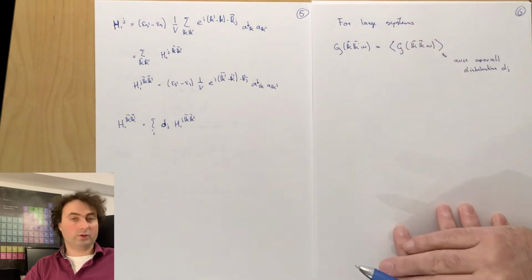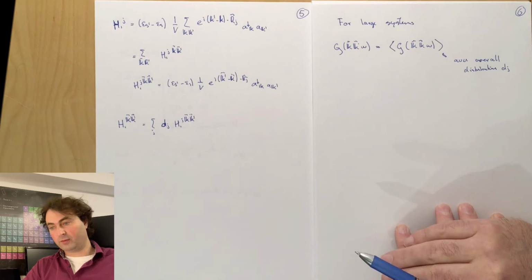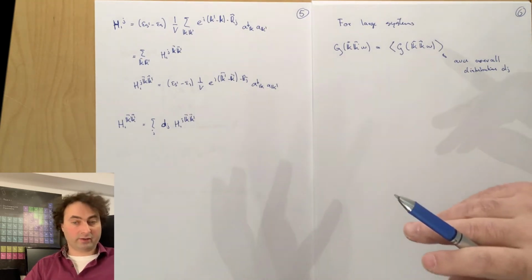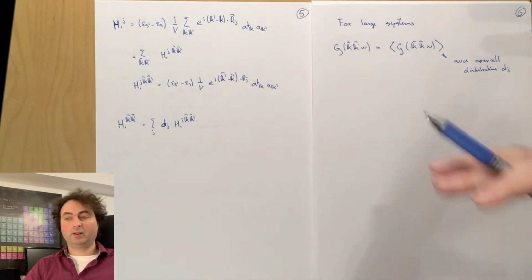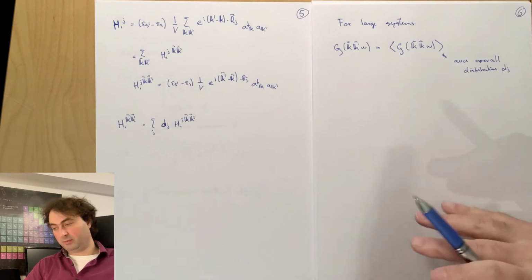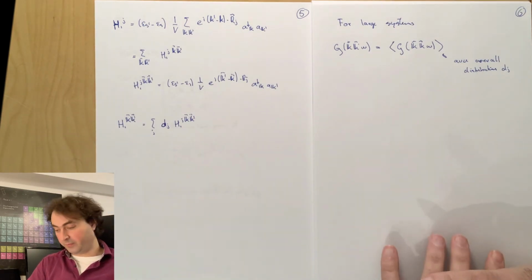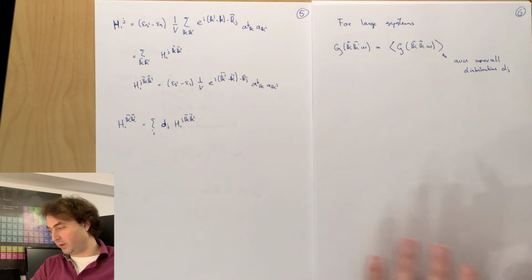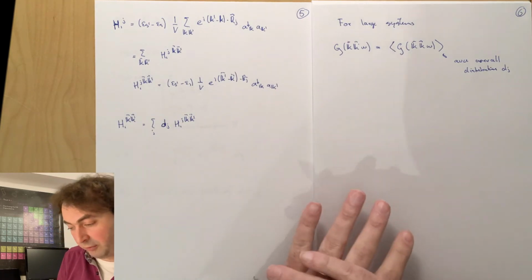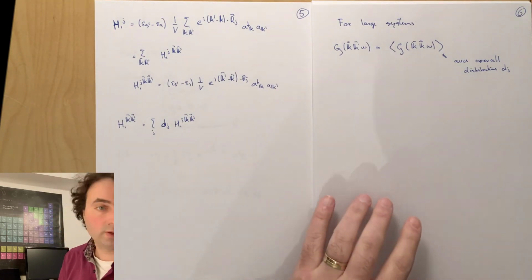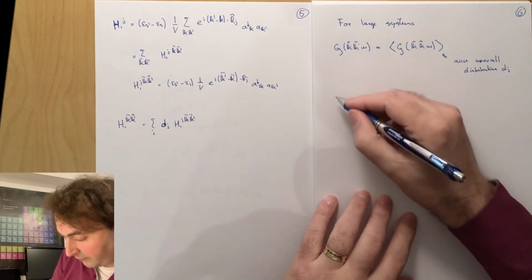And of course that is only true for very large systems. If you only have one atom, then it's either the atom or the impurity, and with a probability p you will find one or the other, and of course the Green's functions of those two will be different. But if your system is really, really large, then this is going to be true.